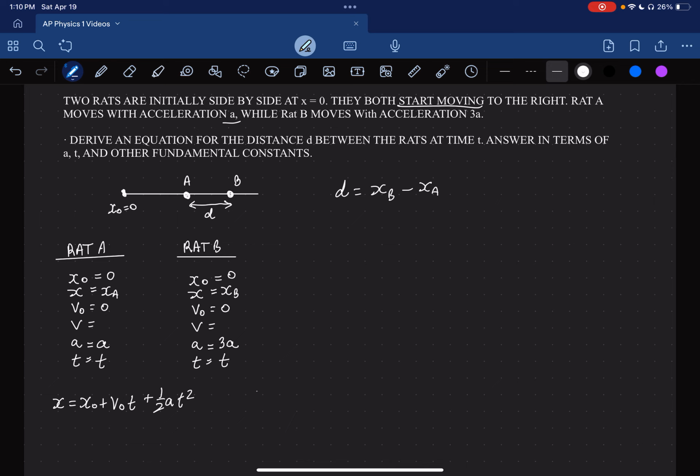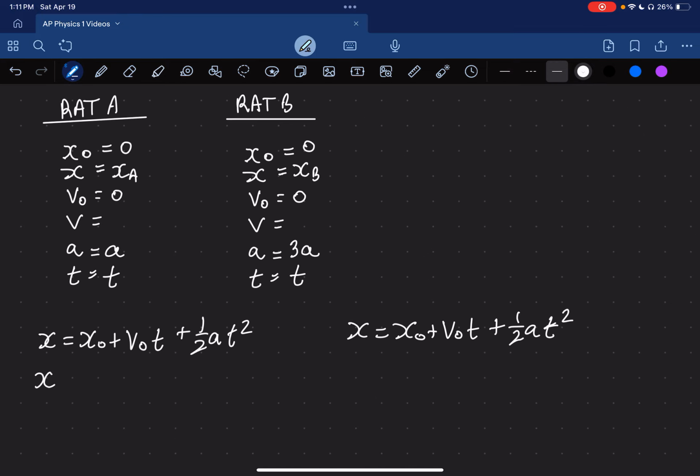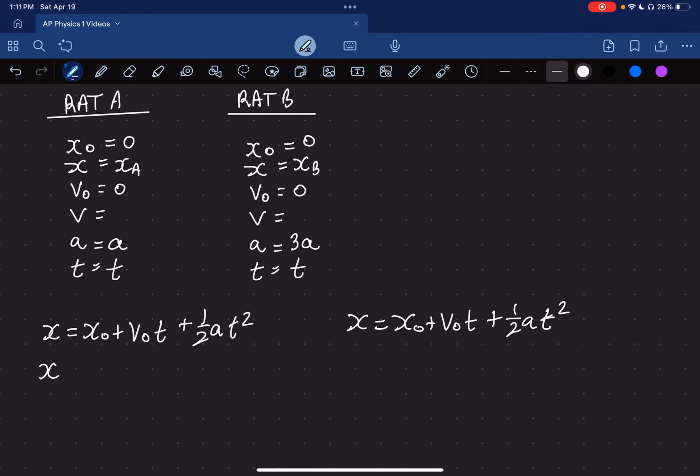Right now I'm just writing down the original equation without having manipulated anything, and we're going to need this for rat B as well. It always starts that way. So I'm going to take this equation, and what I'm trying to solve for is XA, right? So we're replacing X with XA.